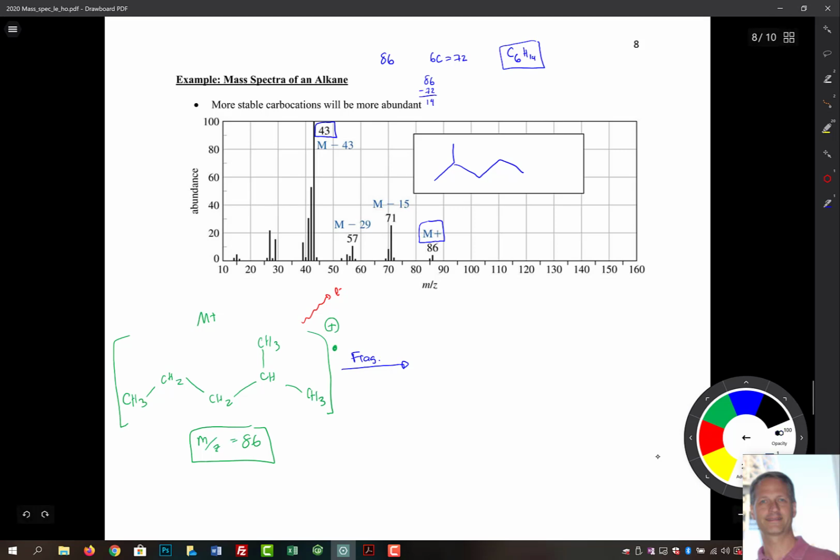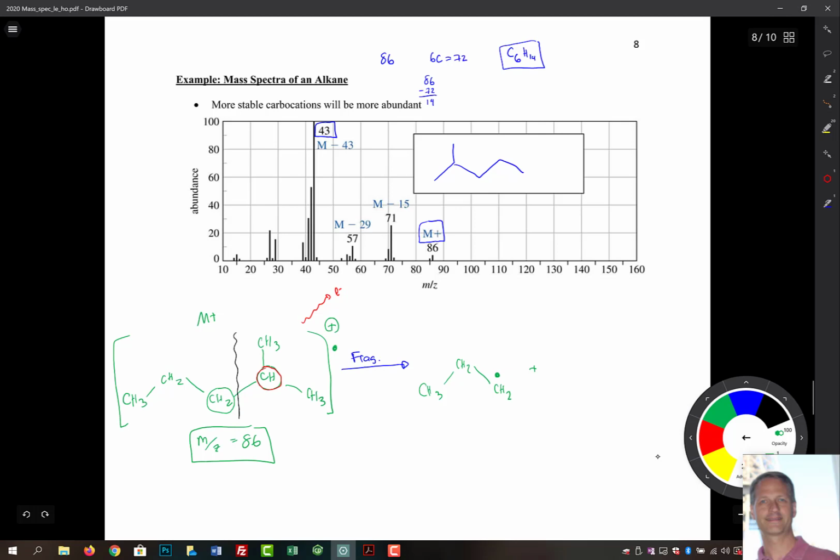I think a good place to think of cleaving this would be right here. Now when we cleave it there, we want to form the most stable cation. So where should we do that? Is it better to have a plus charge here or have a positive charge right there? Well, I'm going to go with this because that's going to give you a secondary carbocation. So when we do that cleavage, we're going to get a CH3, CH2, and a CH2 down here, radical.